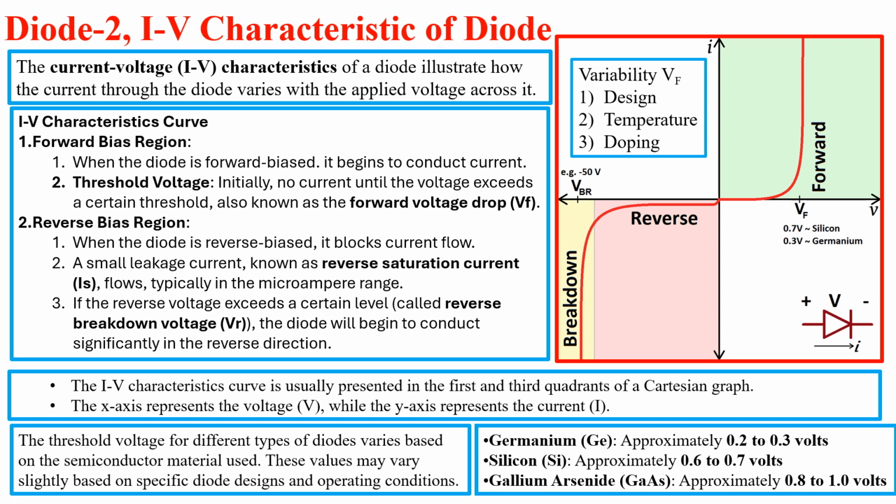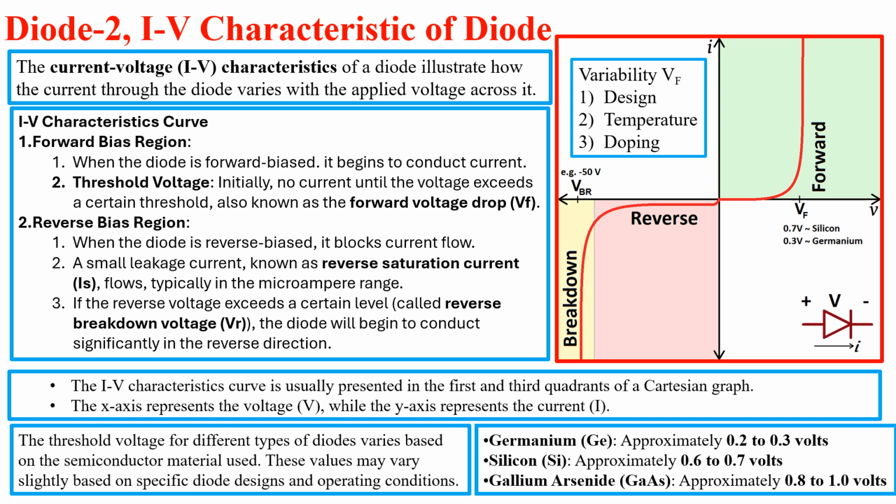Different designs, for example Schottky diodes, Zener diodes, etc., can have different threshold voltage levels due to their construction and intended application. Another important parameter for the variability in threshold voltage is temperature. As temperature increases, the forward voltage drop typically decreases for all diode types, affecting their performance in high temperature environments.